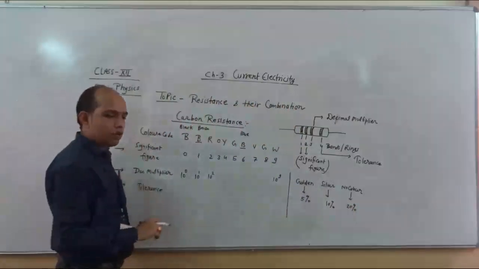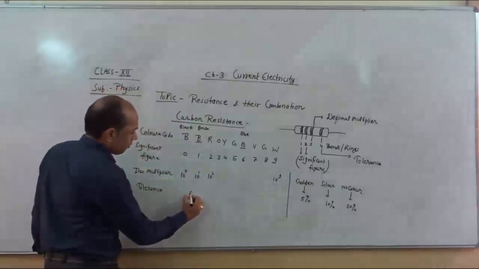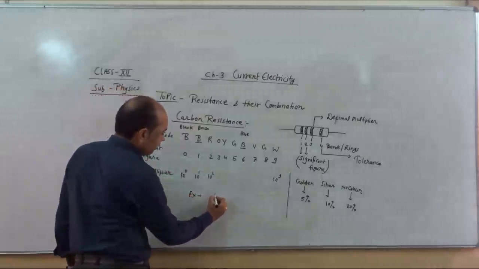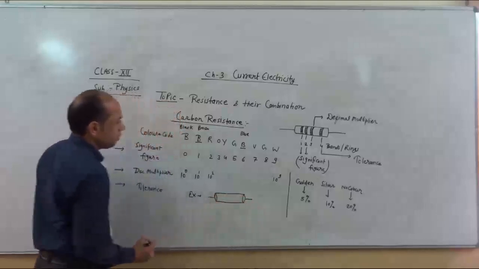Now we see how to find it. I am taking one example here. Suppose we have one carbon resistance with 4 bands.